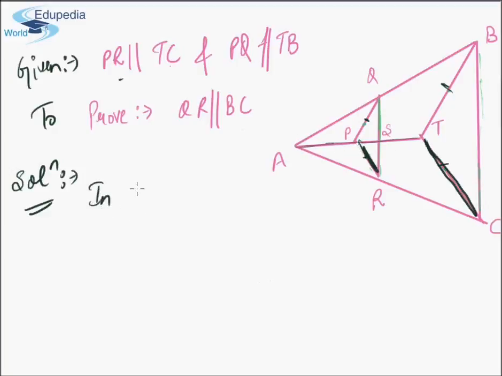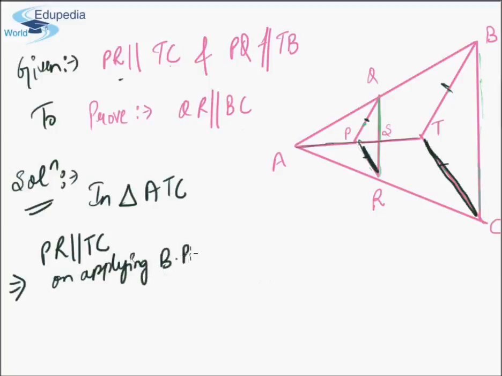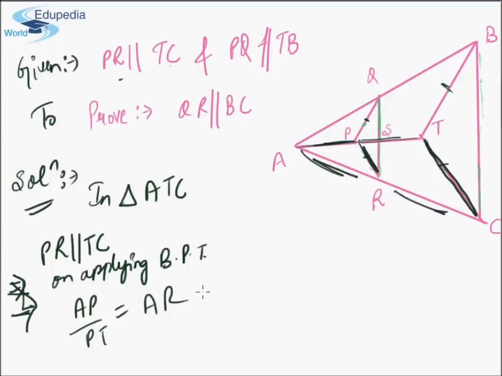Therefore, in triangle ATC, PR is parallel to TC, which implies, on applying BPT, this will imply that AP over PT is equal to AR over RC.